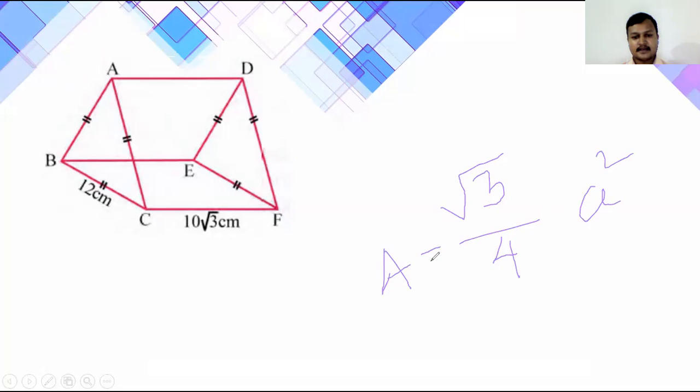It is base area. And height is given. Height of prism is 10 root 3 centimeter. And what will be the perimeter? Perimeter of this triangle will be 12 plus 12 plus 12, or 3 into 12, 36 centimeter. By multiplying perimeter with height, we will get lateral surface area.